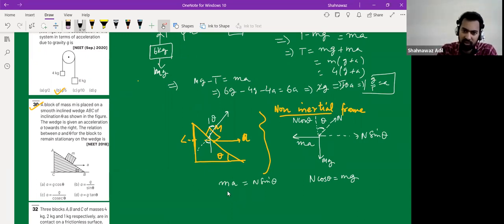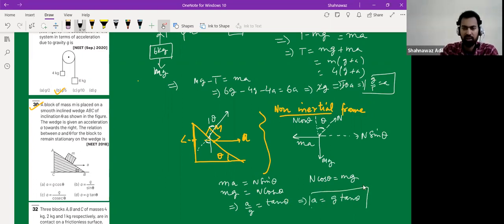So mg equals N cos theta, and we will divide these. So a by g is N cancels, tan theta, so a is g tan theta.